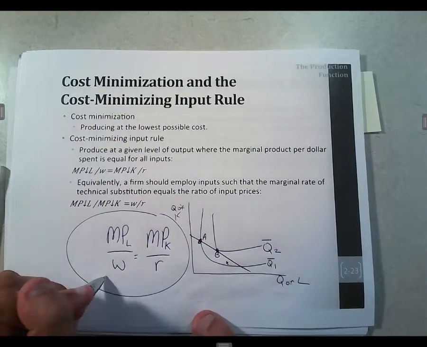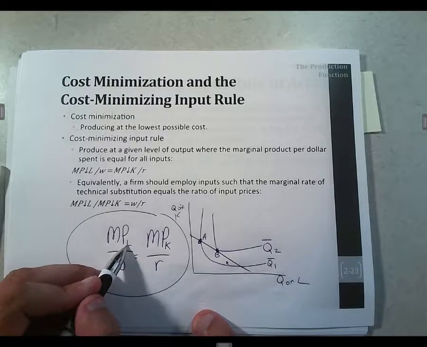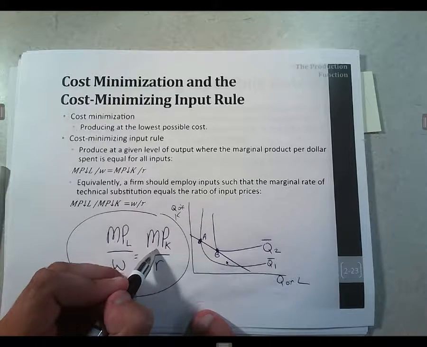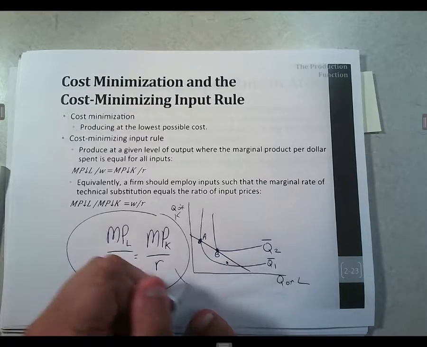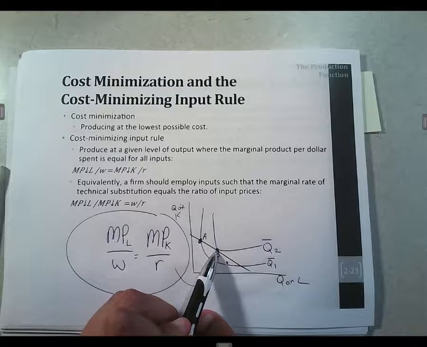So when this is true, that the marginal productivity of labor over the wage rate is equal to the marginal productivity of capital over the rental rate, when they are equal, I am then minimizing my costs to produce that level of output.